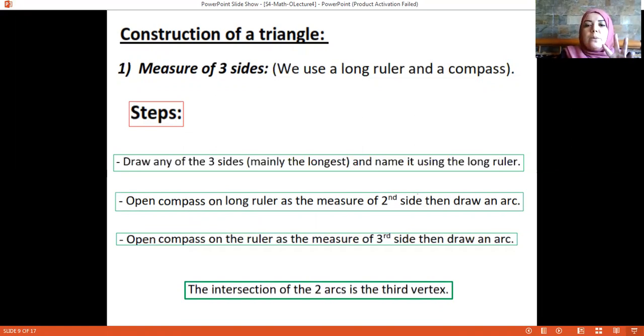Now, we will watch together a video that explains the steps of construction of this triangle. So I want you now to listen to this video. You are going to see the steps of construction of this triangle, so pay attention.